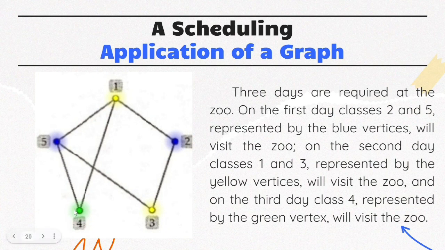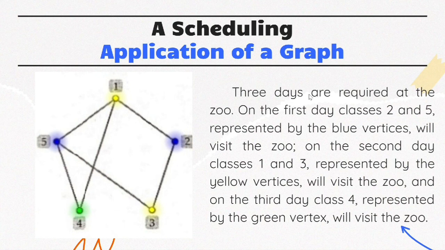But for 4, the only class it is not connected to is 2, but it couldn't be blue since it is adjacent to 5, which is of color blue. So we assign it another color. Since there are 3 colors for this graph, the chromatic number for this is 3. Therefore, 3 days are required at the zoo.